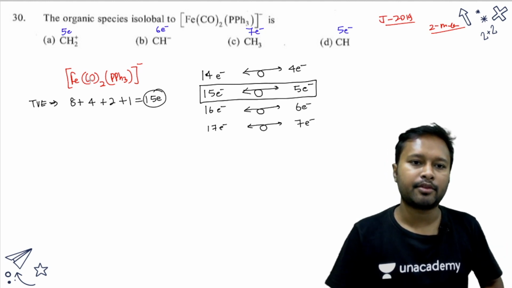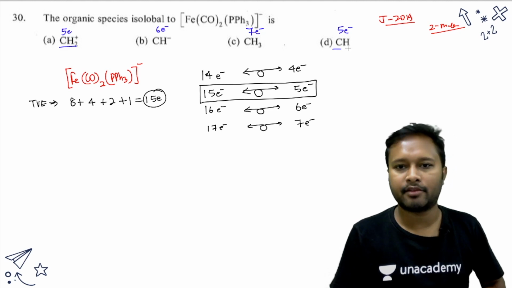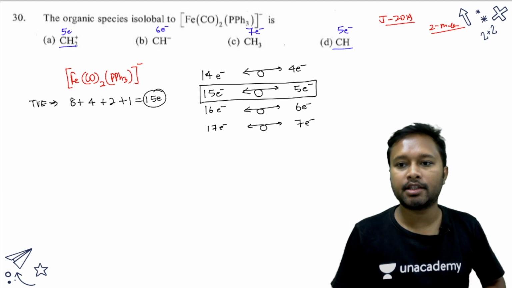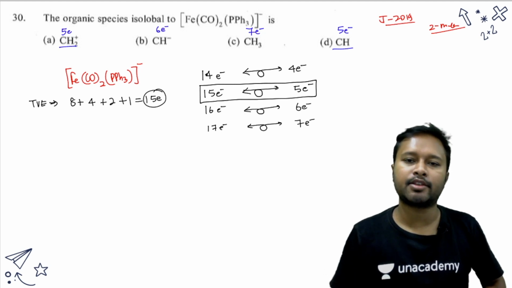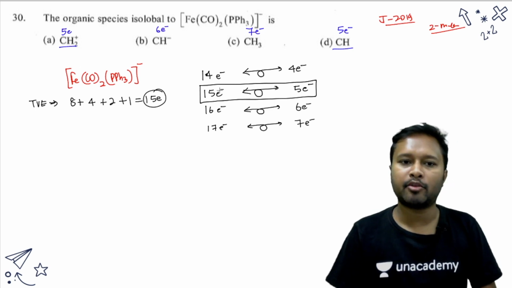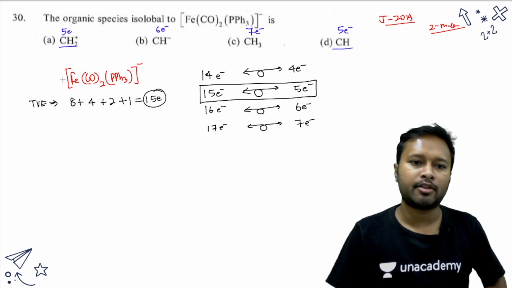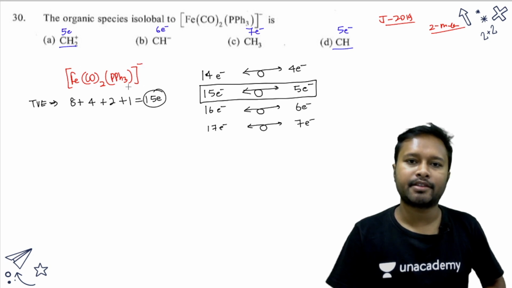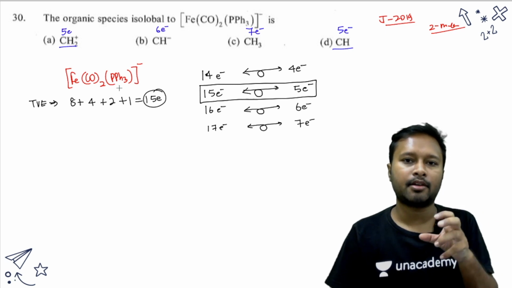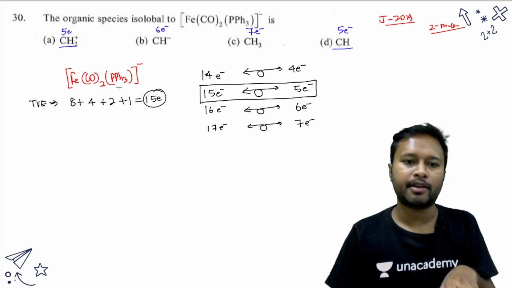People got confused about which one to take as isolobal, option A or option D. Here you have to look at the second definition of isolobality. The first is that the number of electrons should be the same. The second is that the shape of the frontier molecular orbital should be the same. This Fe(CO)2(PPh3) minus is basically a fragment taken from an octahedral complex of iron.